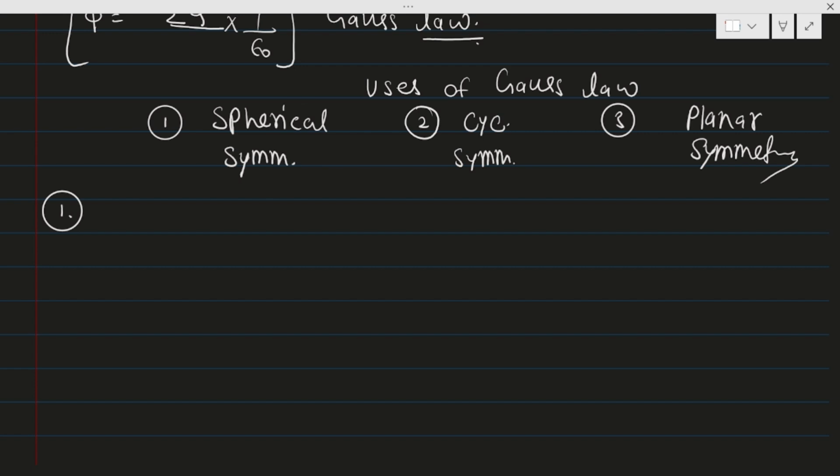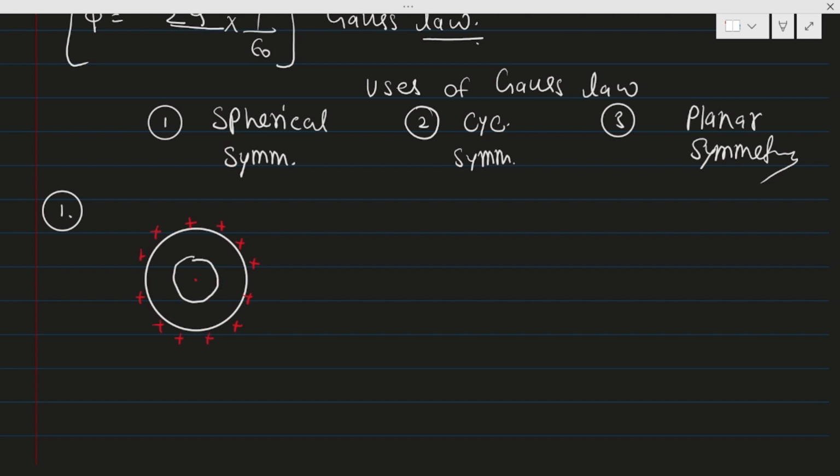In order to understand spherical symmetry, let's discuss the same case again. Assume that this is the sphere, and it has some positive charge density on it. There are three cases. This is the center of the sphere, and what if I want to find the electric field inside this sphere?